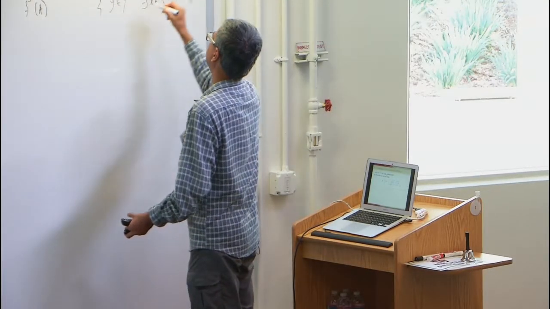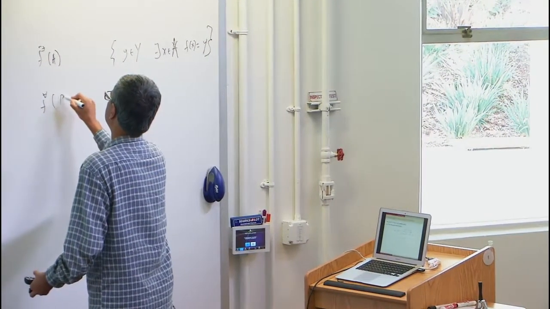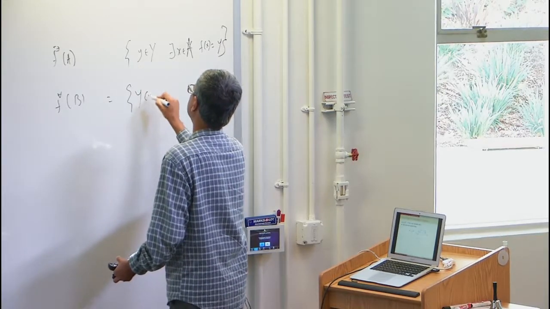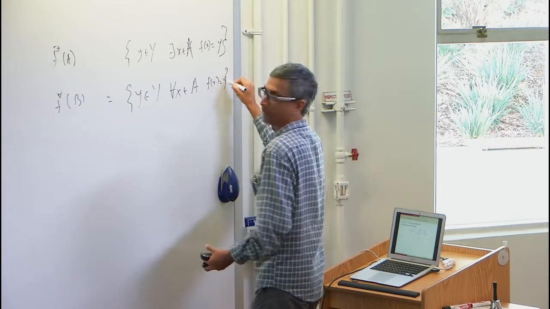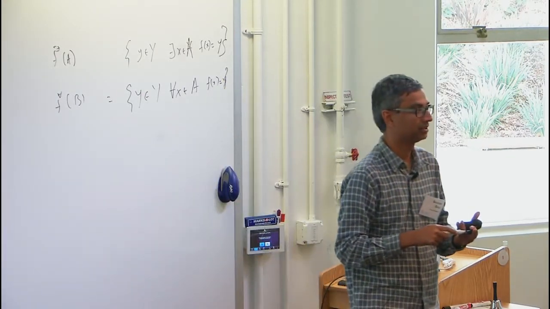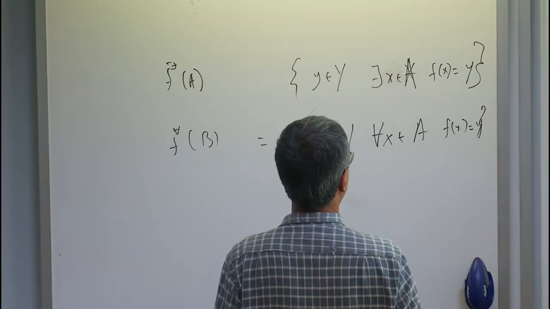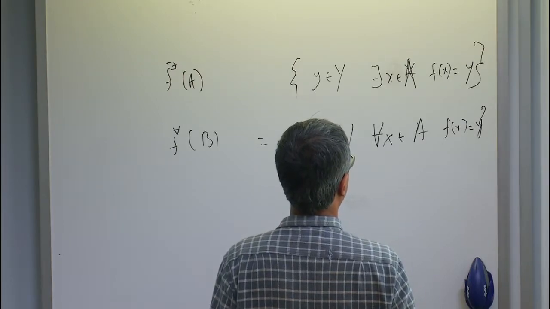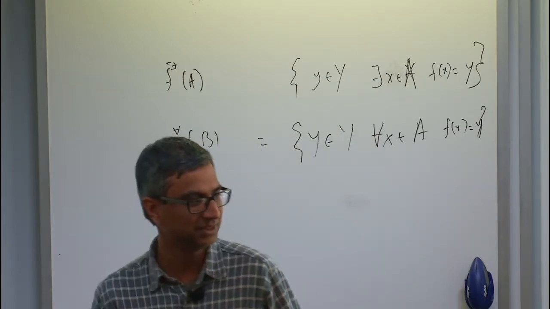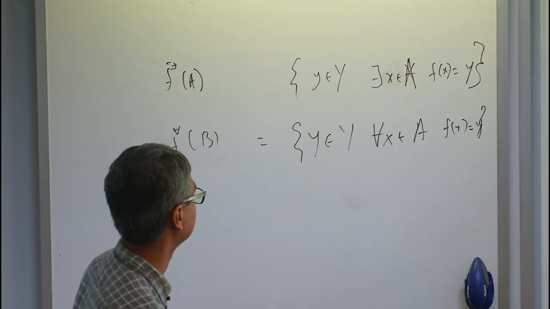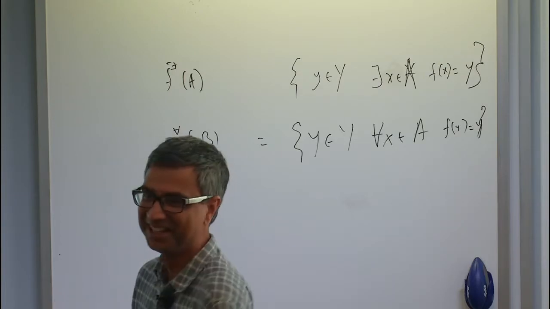And F all of A is the set of y such that for all x in A, f of x equals y. Yeah, something like that. But it's clear. This is tautological, there's nothing fancy here.